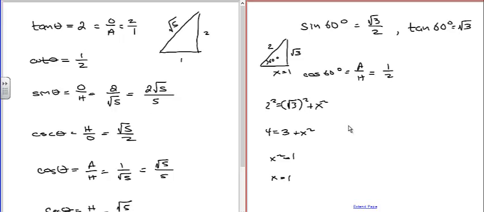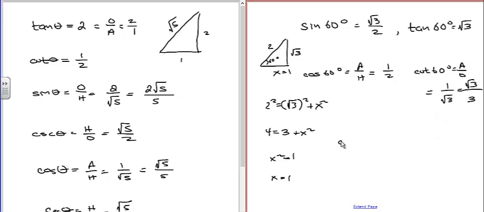You get a half, which is not surprising based on what we've seen before. If you wanted the cotangent of 60 degrees, that would be adjacent over opposite. The adjacent is 1, the opposite is the square root of 3, which if you rationalize it, you get the square root of 3 over 3.